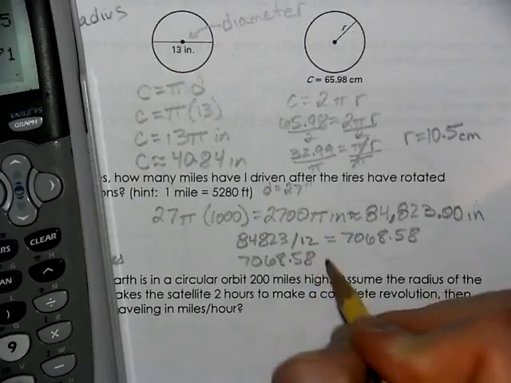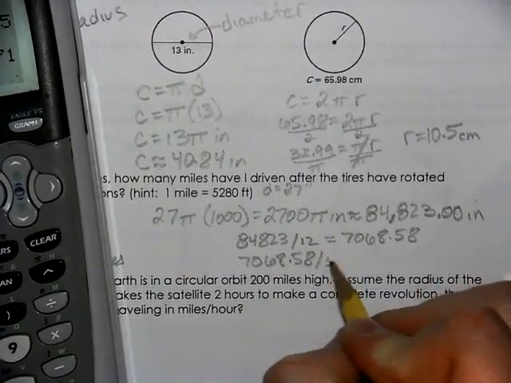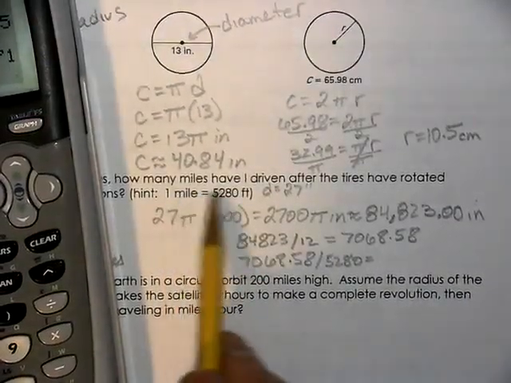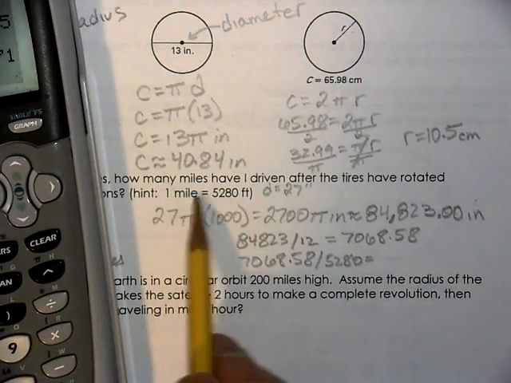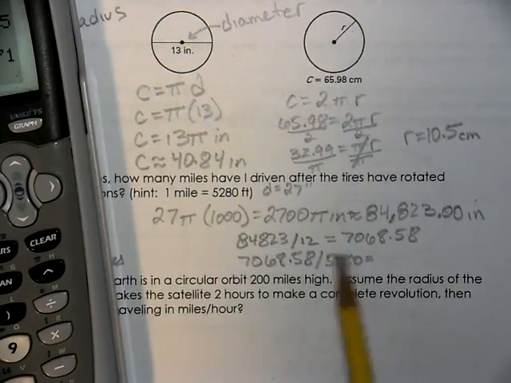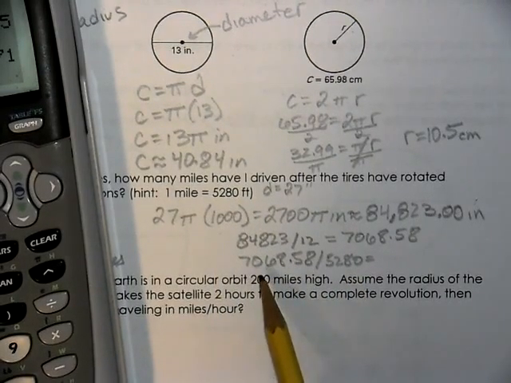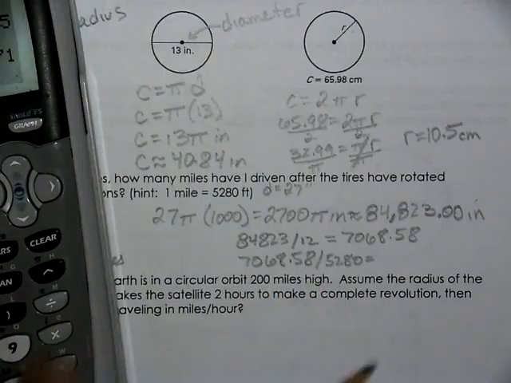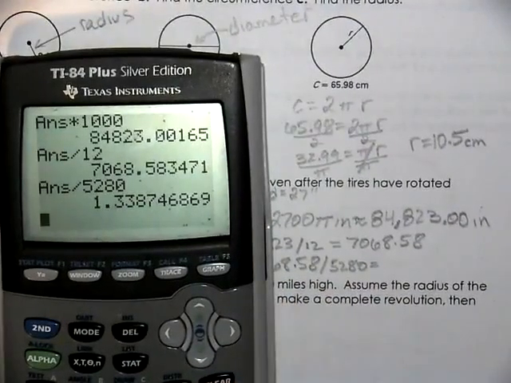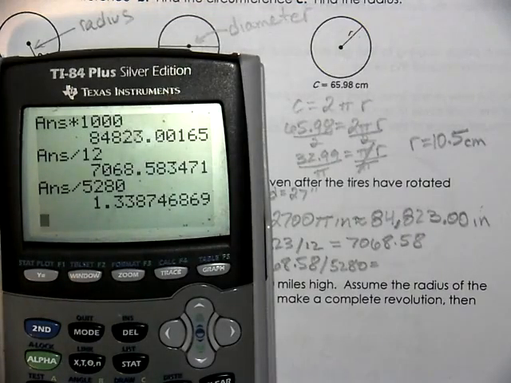Then we're going to take our 7,068 and some change, and we're going to divide that by 5,280. Up here's a formula that says that 1 mile is the same thing as 5,280. So how many of those groups are in 7,000? So we divide this, and we're going to get 1.338.